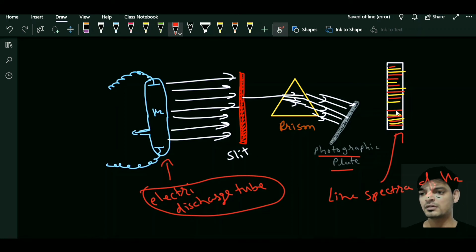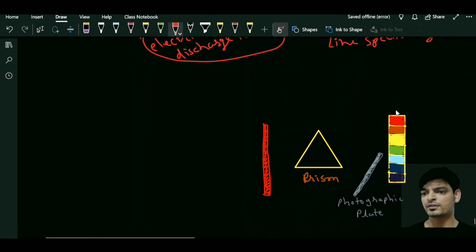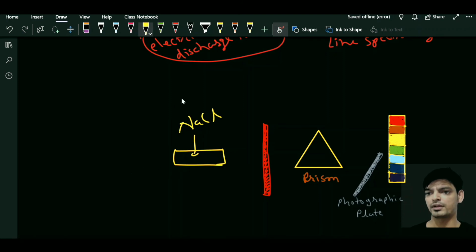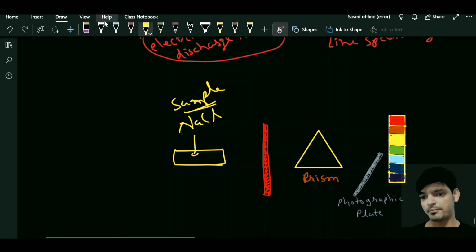Let me explain now only. So see, we are continuing. Suppose this is a spectroscope, and in the spectroscope we have to take a sample, for example NaCl. NaCl solution we have taken, and now we have to pass light through this sample.